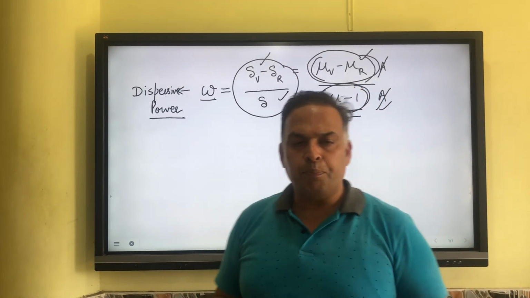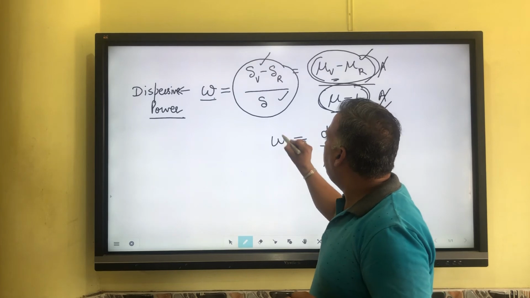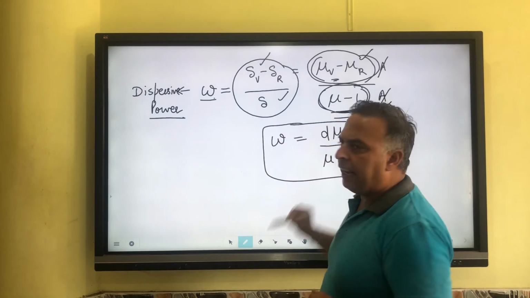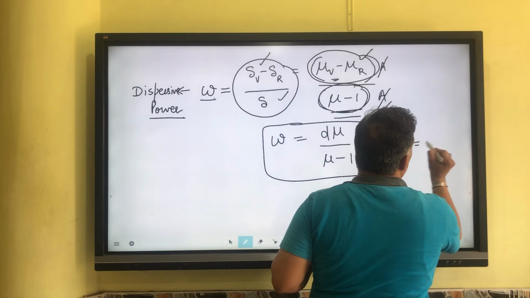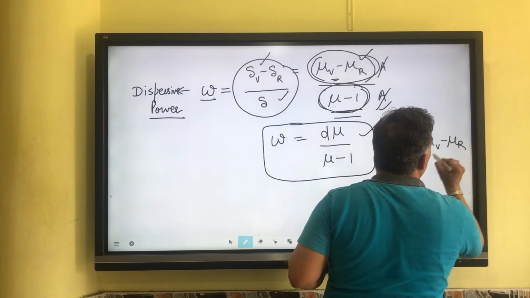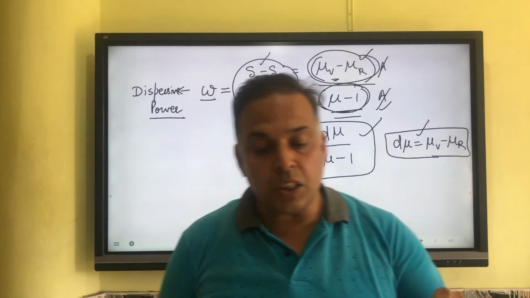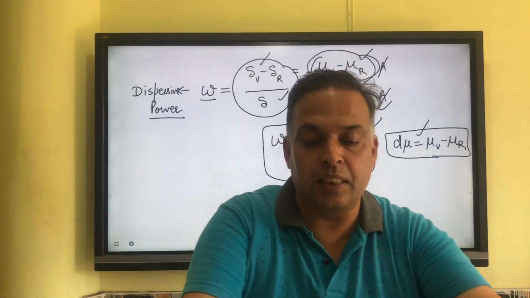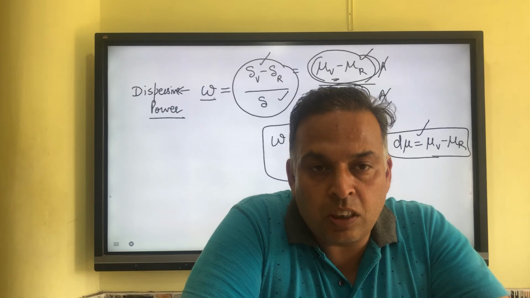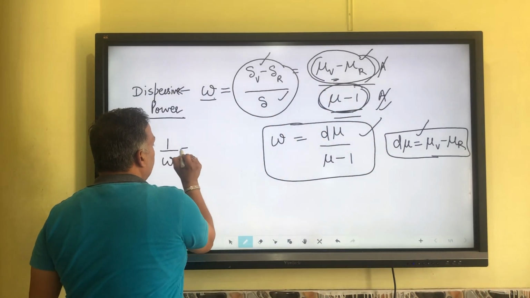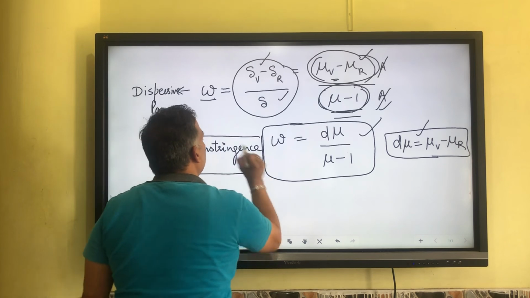We can write it as d mu upon (mu minus 1), equal to omega, where d mu is mu V minus mu R. If we take the inverse of this dispersive power for two colors, which depends upon the nature of the material of the prism, it becomes the constringence.